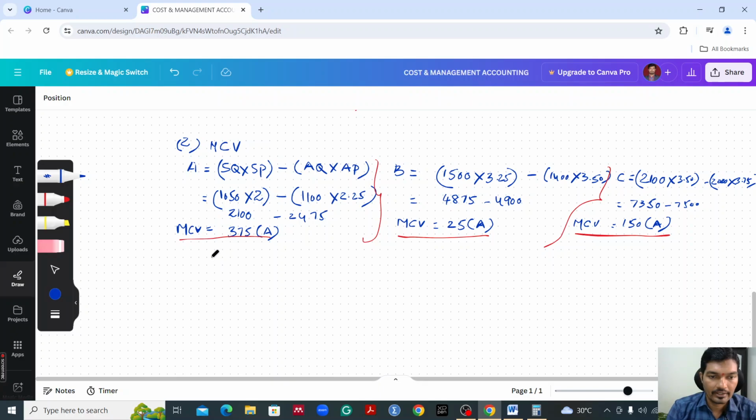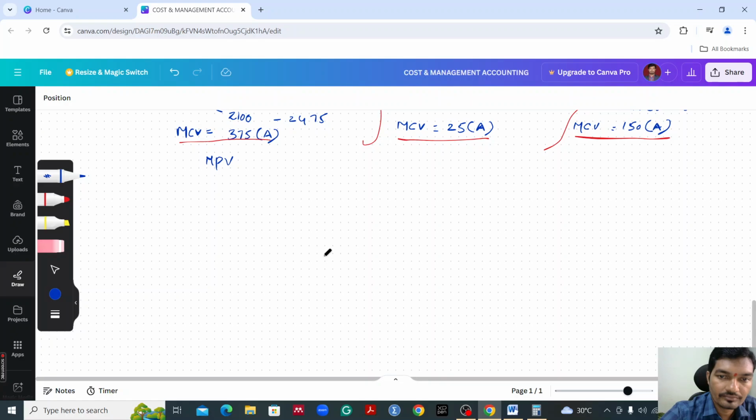Then we'll calculate MPV, the material price variance. We do it product wise again here. Product A. The formula for the material price variance is actual quantity into standard price minus actual price.